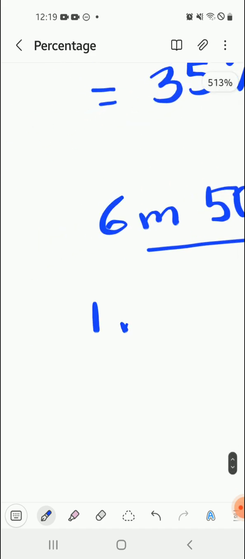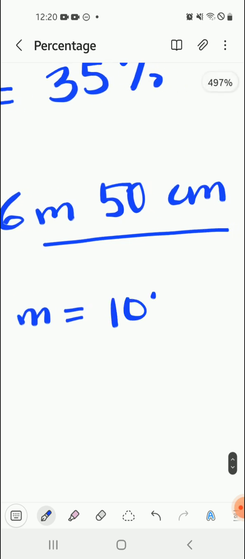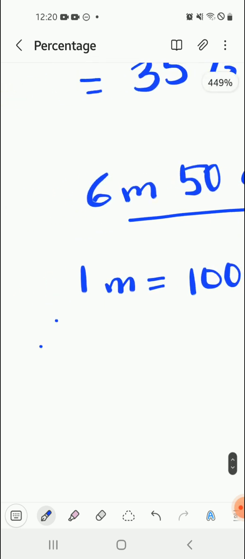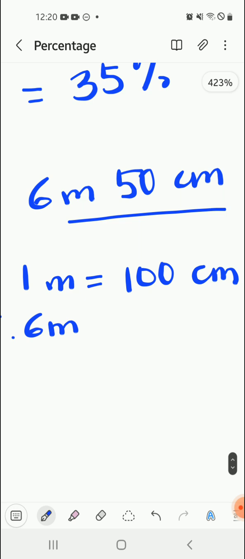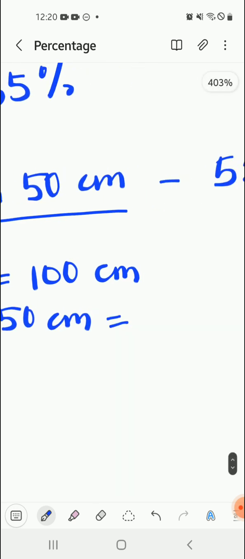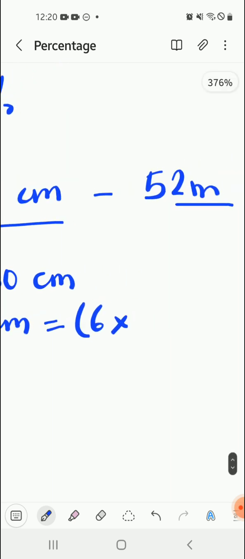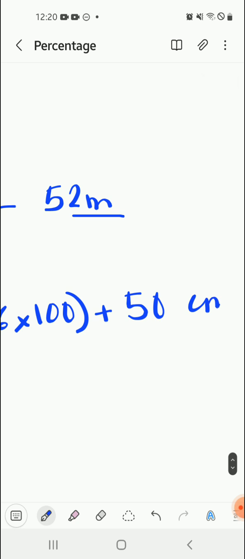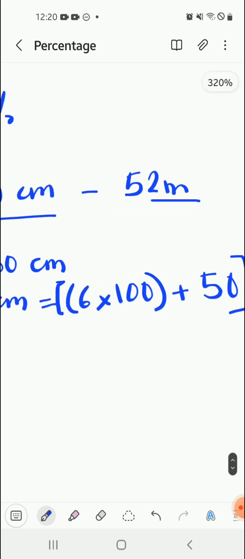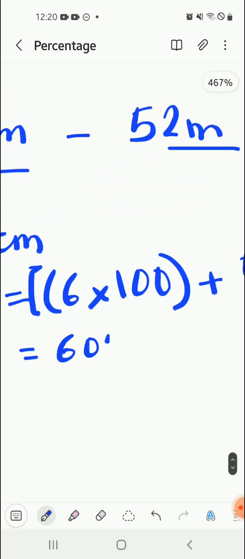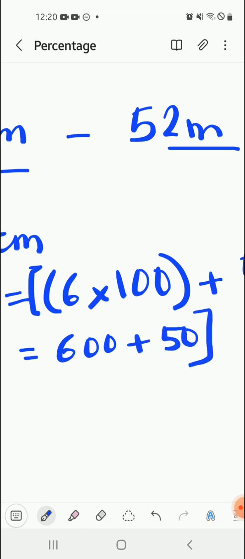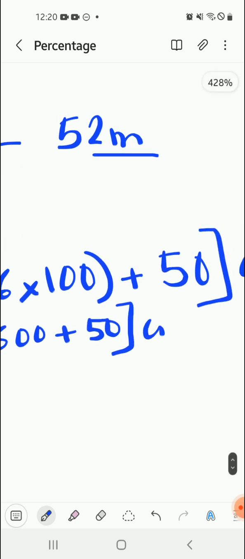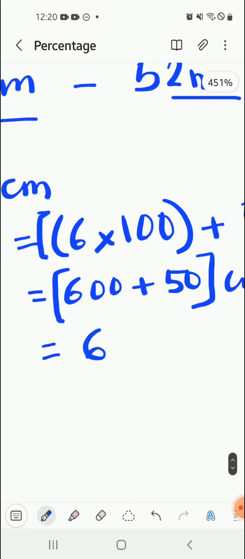So we know that 1 meter is equal to 100 centimeter. Therefore 6 meter 50 centimeter will be 6 into 100 plus 50 centimeter, which goes as it is. So this becomes 600 plus 50 centimeter, which comes down to 650 centimeter.